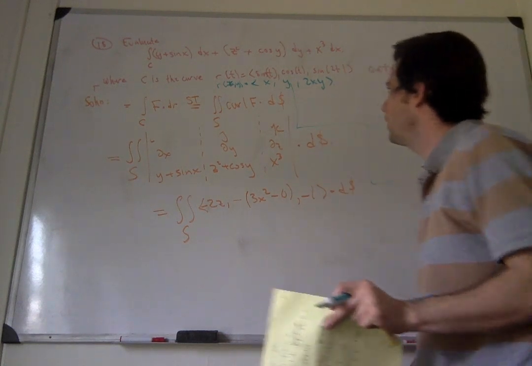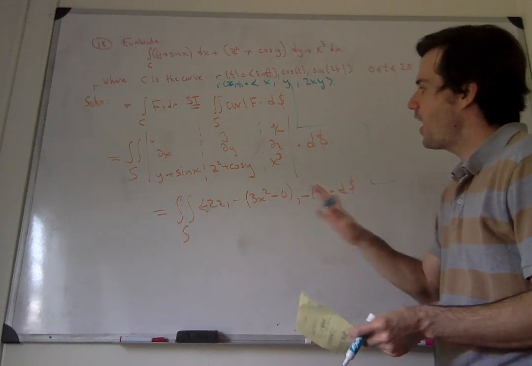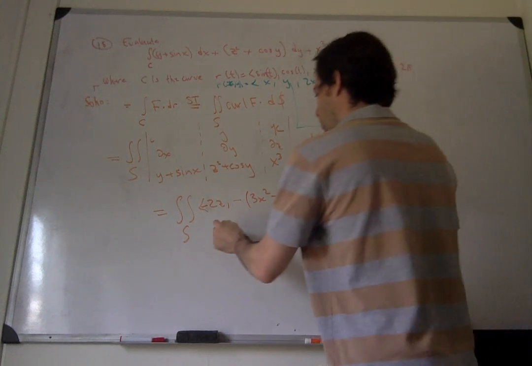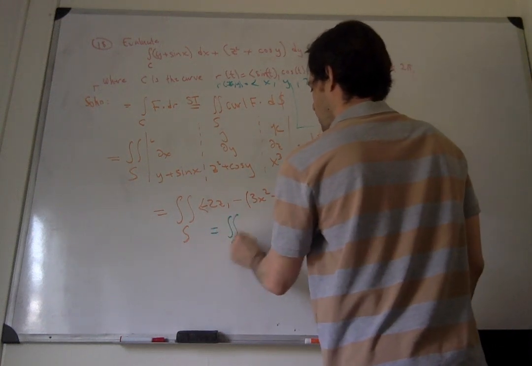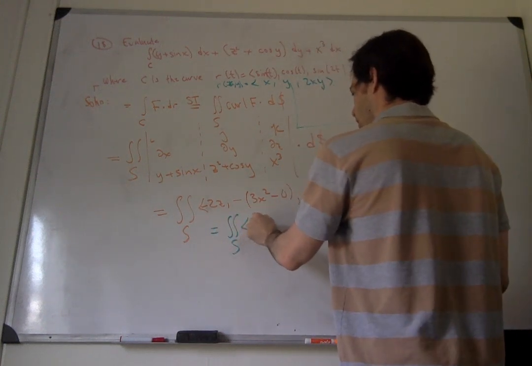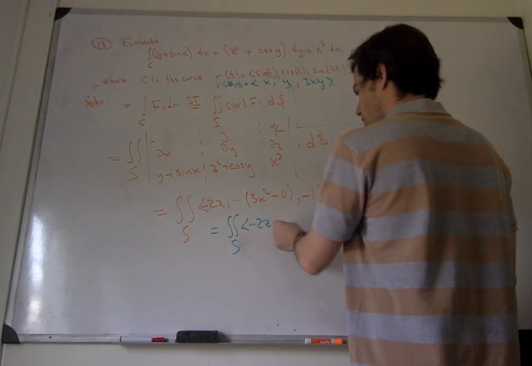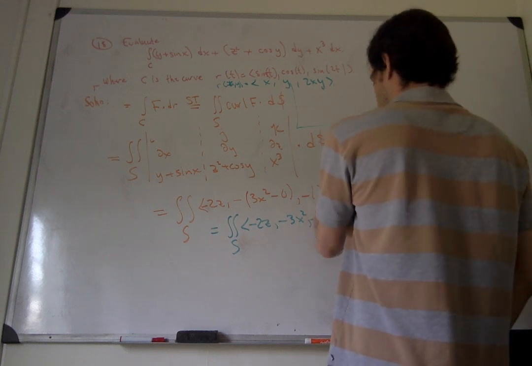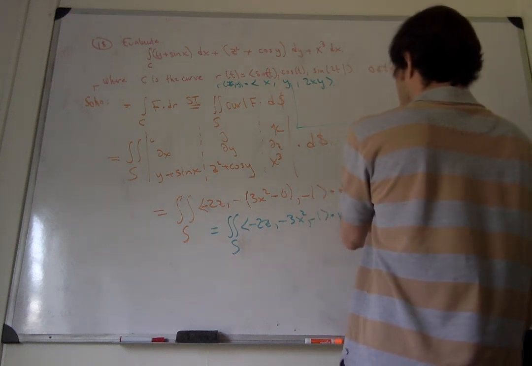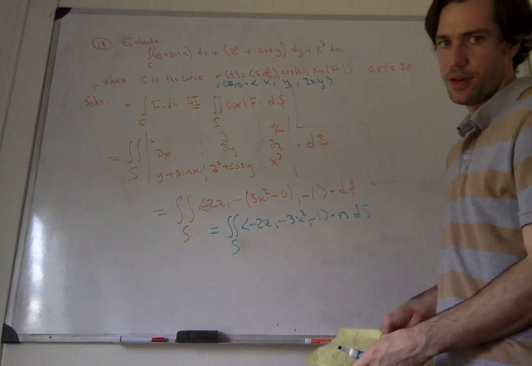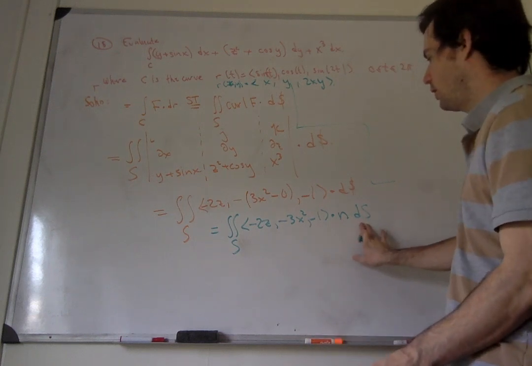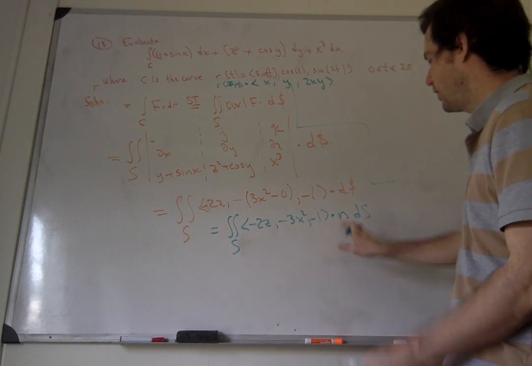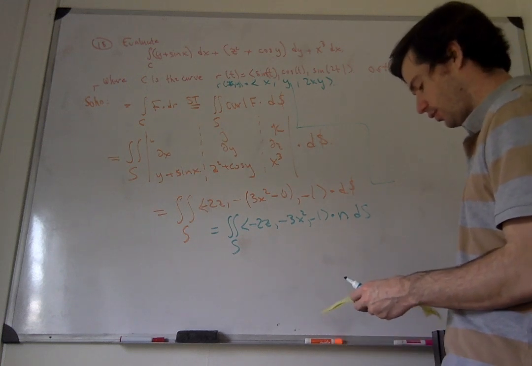It's what I said earlier, right? And now we're looking at the surface, okay? So I'm going to rewrite this as the double integral over S of negative 2z minus 3x squared minus 1 dotted with dS, okay? So think of it on the surface, and I want to know what this dS is.